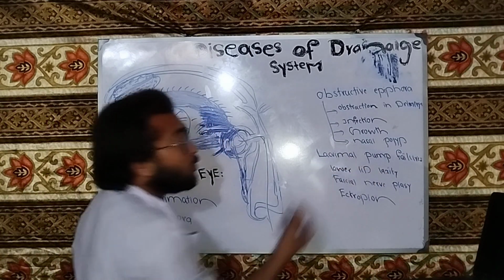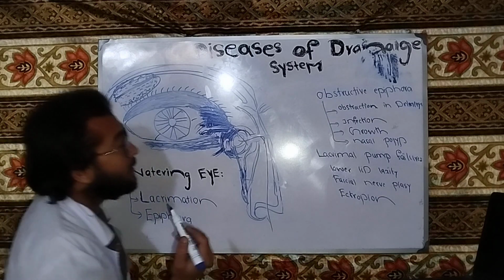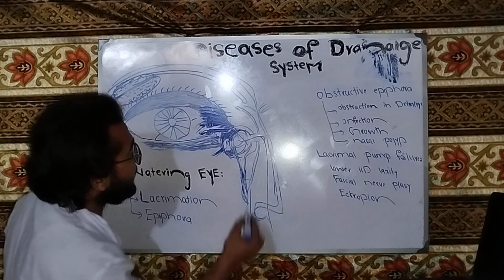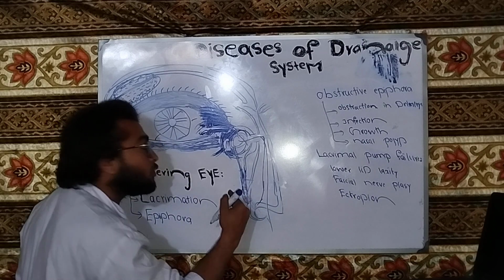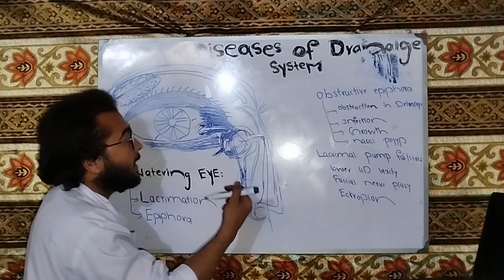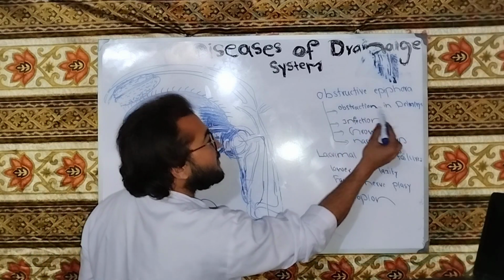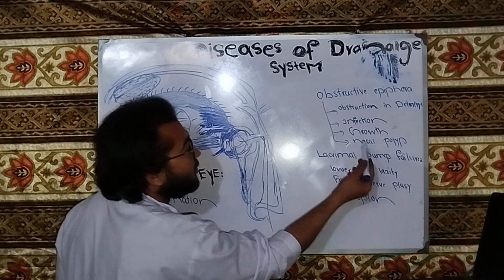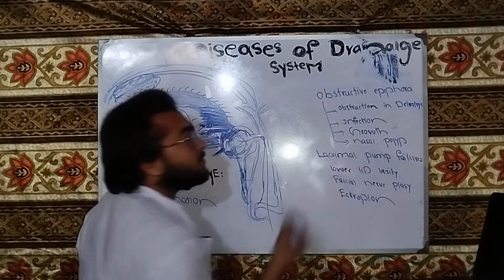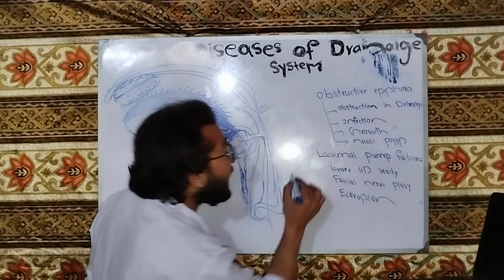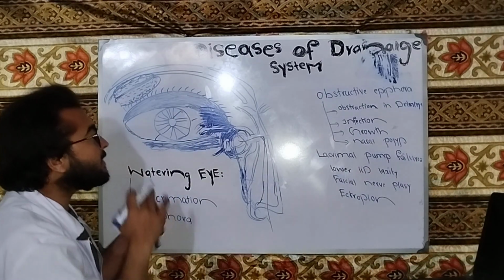If there is some growth in the drainage system, for example a nasal polyp through the inferior meatus that grows toward the duct and blocks the duct. So obstruction anywhere in the region, infection, growth, nasal polyp, all of this comes under obstructive epiphora.